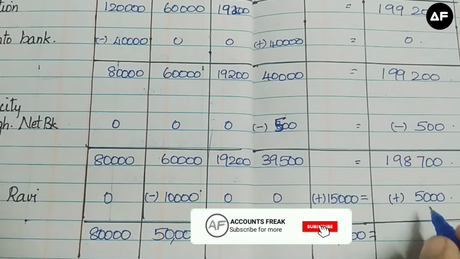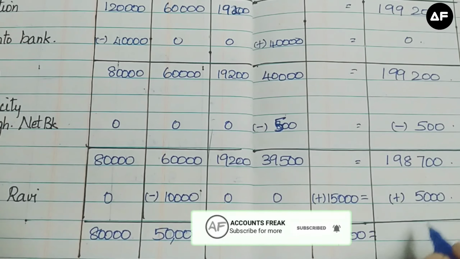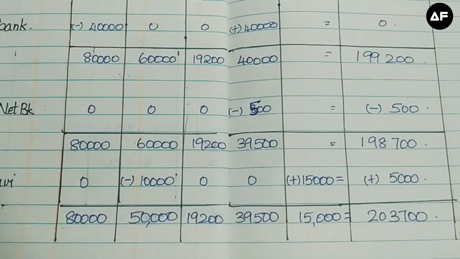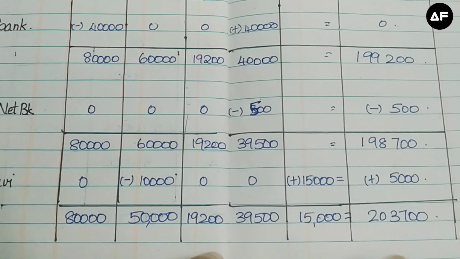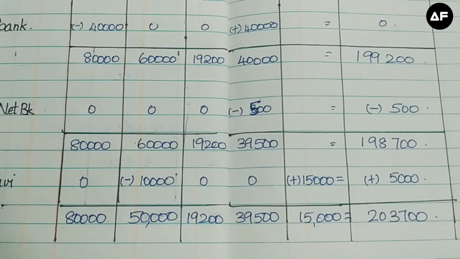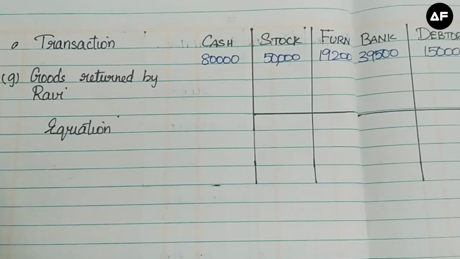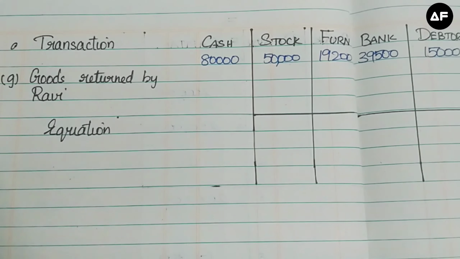With the 5,000 profit added, I get 2,03,700 as my capital. When I add up my asset side, that is my left hand side, I get the same 2,03,700.